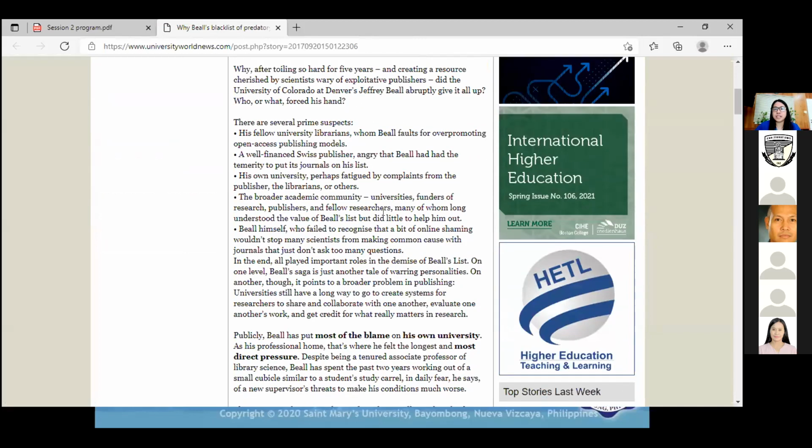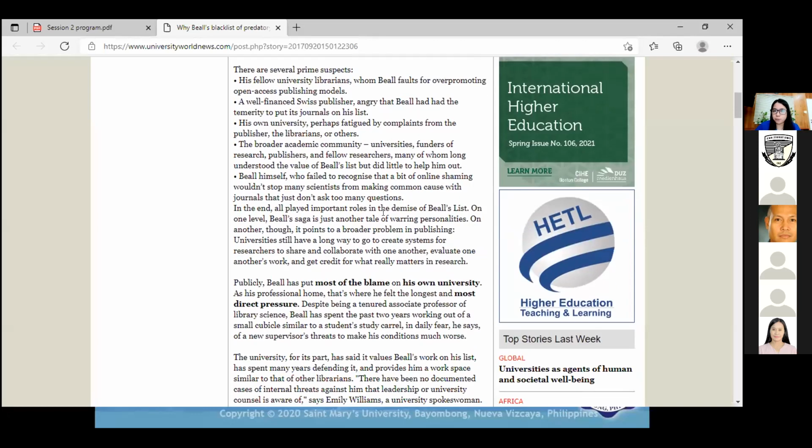And of course some of the publishers, like a well-financed Swiss publisher, got angry because he placed the journal in the list when in fact the Swiss publisher claims that it is not really predatory. Also, there were the complaints of publishers, librarians, and others.